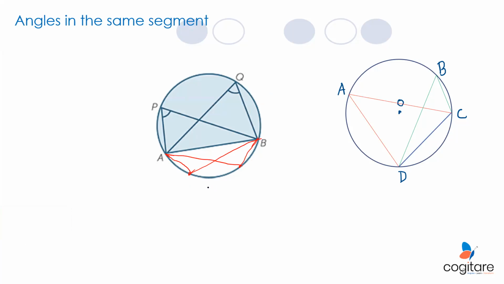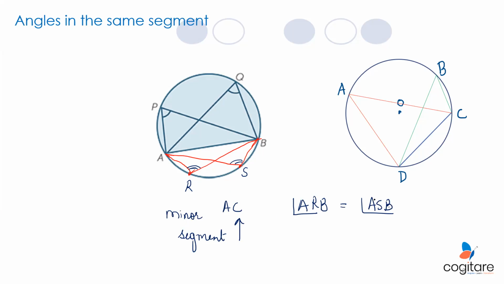If I name these points R and S, then even angles R and S are equal, because this time around, these are the angles subtended by the minor arc AB in the minor segment. Therefore, angle ARB will be equal to angle ASB. Either way, the theorem holds true.